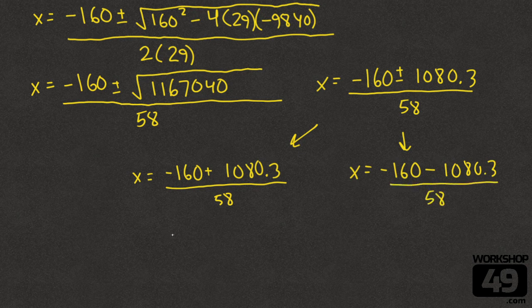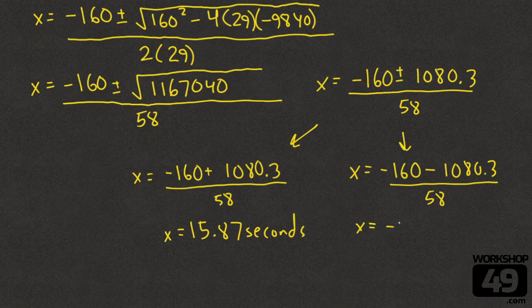We get two different answers. x equals 15.87 seconds. Oh, sorry, that's not negative. That's going to work out to be a positive. Don't make a liar of myself here. Positive 15.87 seconds. Okay, that looks a lot better.